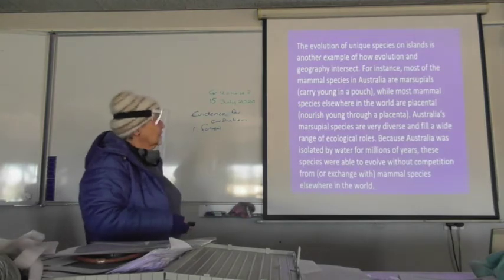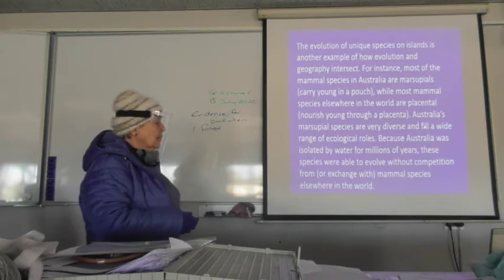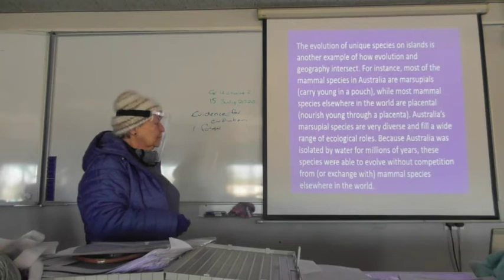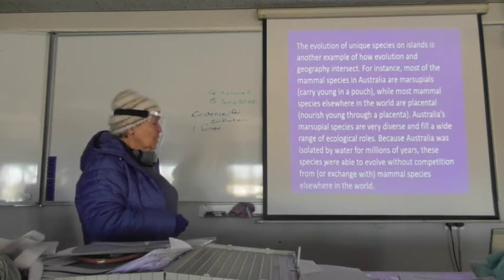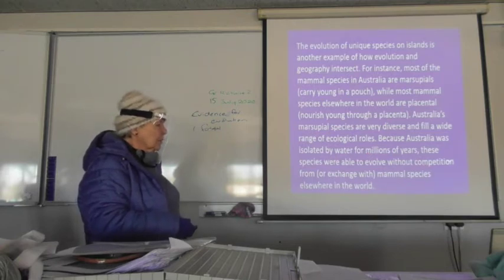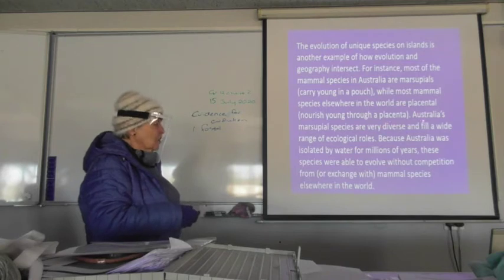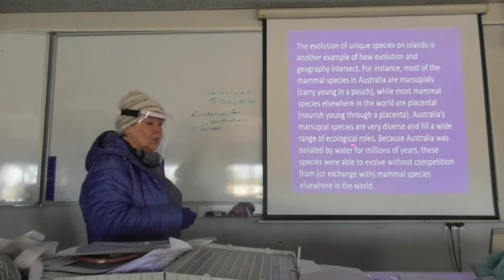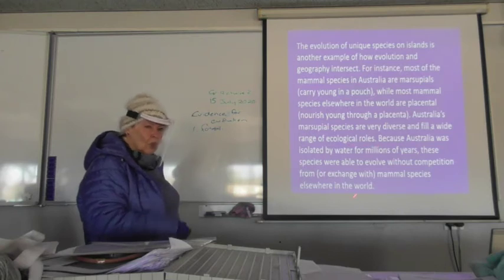Because Australia was isolated by water for millions of years, marsupials were able to evolve without competition from other mammal species elsewhere in the world, and therefore they're very diverse and form a wide range of ecological roles and niches.